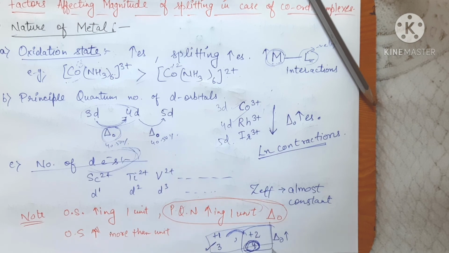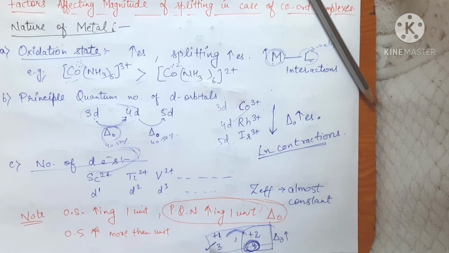In those two compounds in which we have a difference of only one oxidation state and different principal quantum numbers, we give preference to the principal quantum number. That is, the one having the higher value of principal quantum number will be having higher Δo value.